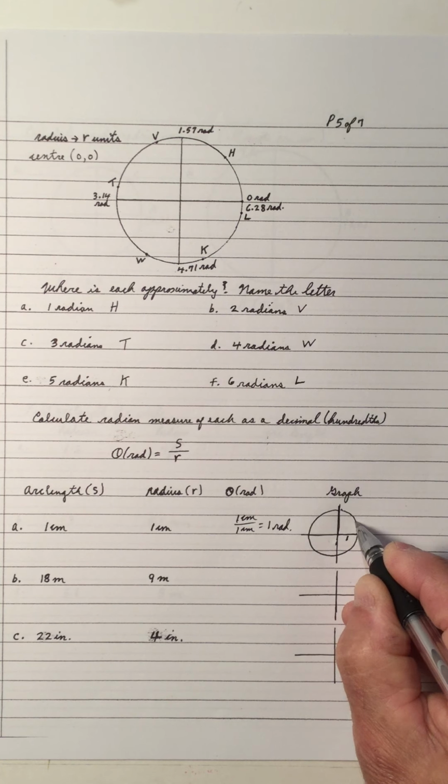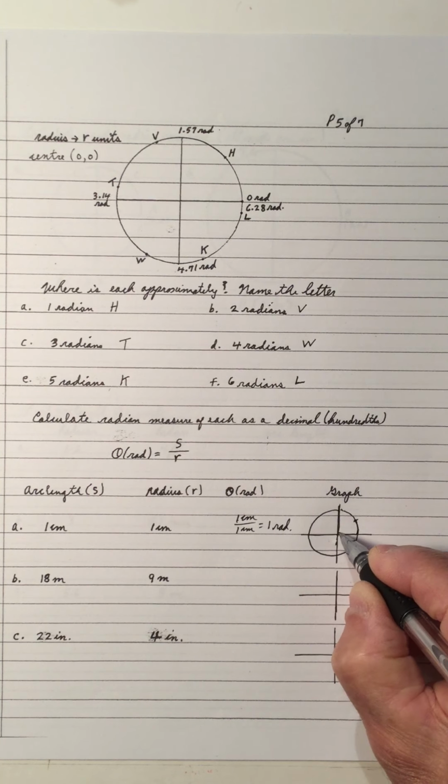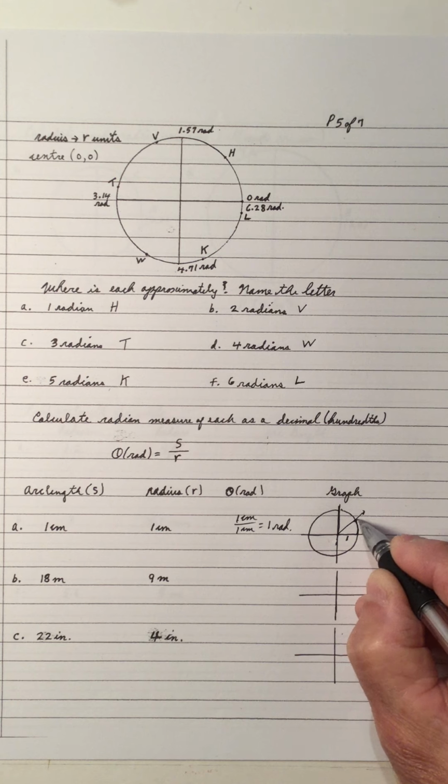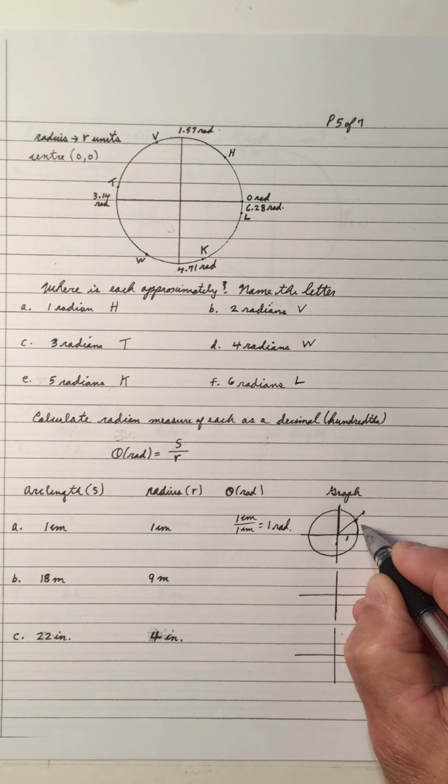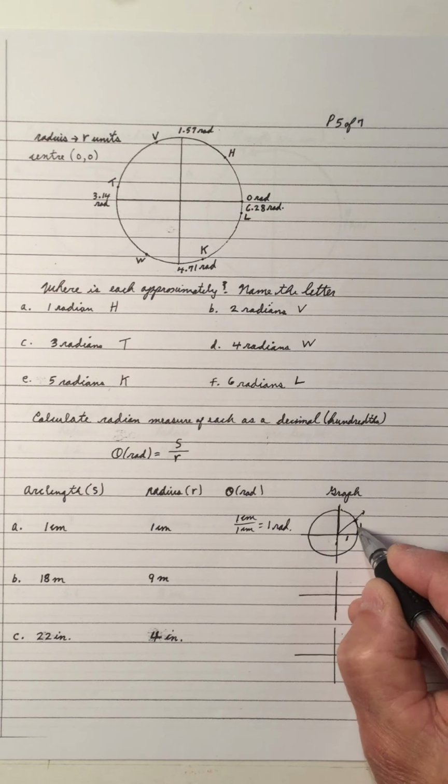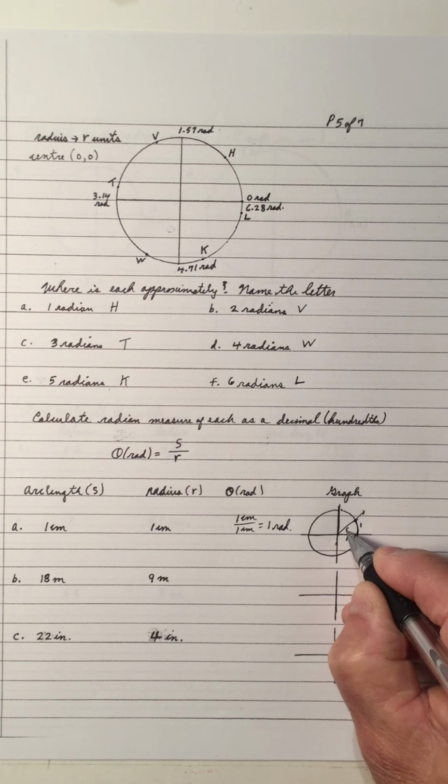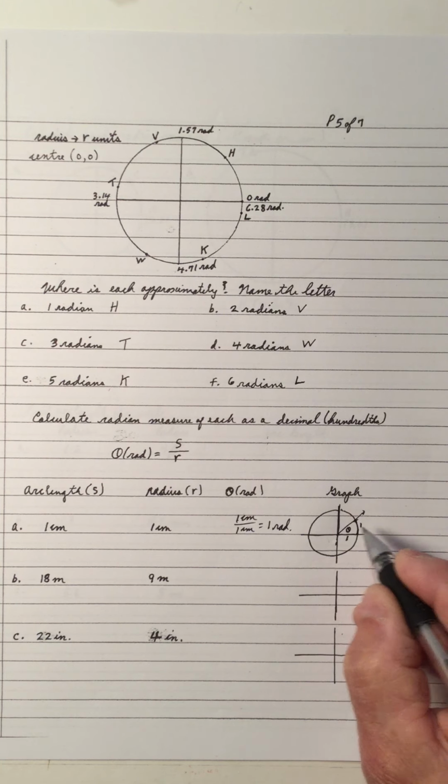If you rotate up on your circle 1 centimeter and draw a terminal arm, that rotation in relation to theta is 1 radian.